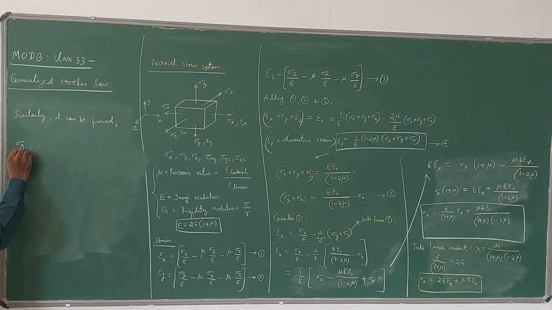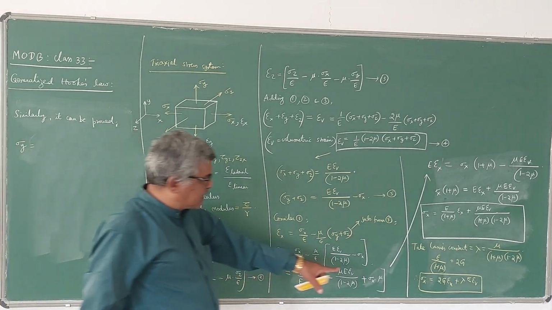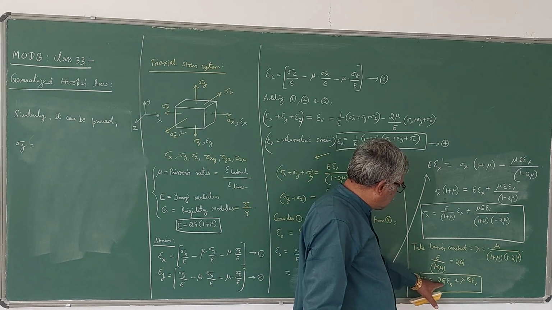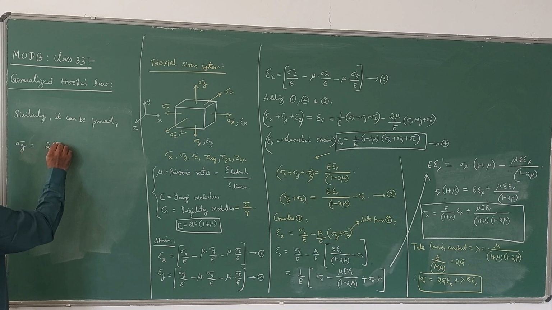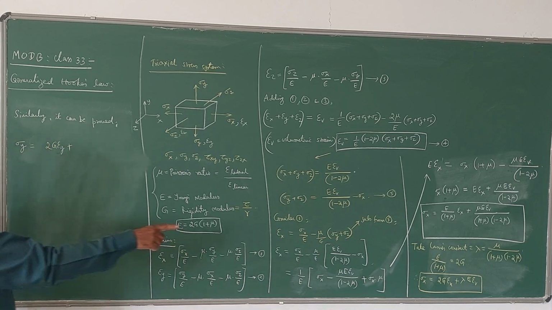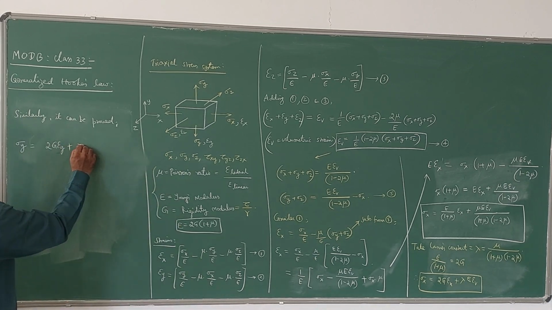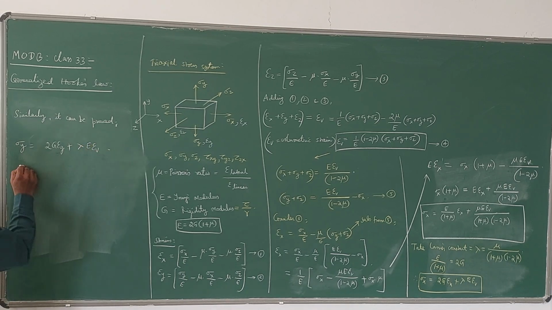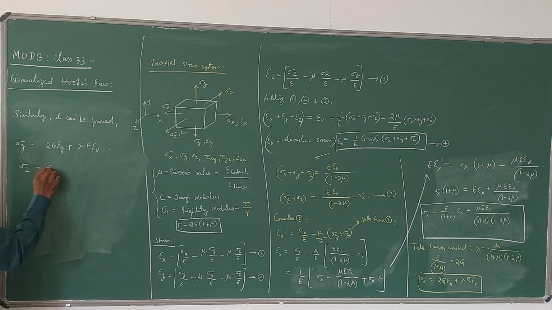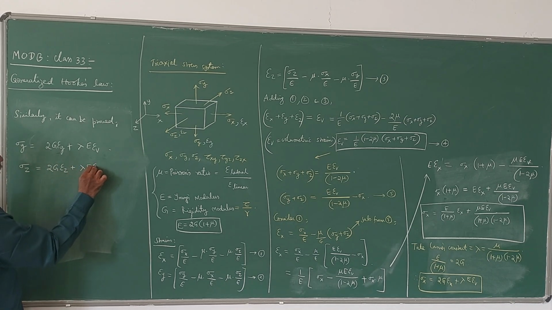So sigma y is nothing but 2G into epsilon y, instead of epsilon x, plus lambda E into epsilon v, and also sigma z will be 2G into epsilon z plus lambda E into epsilon v.